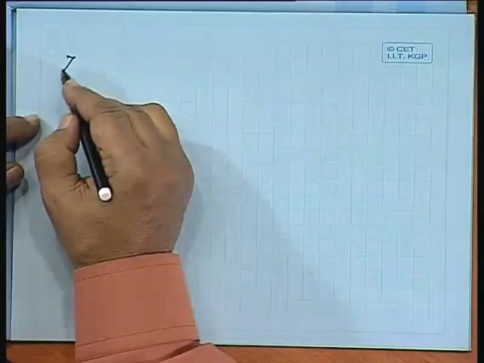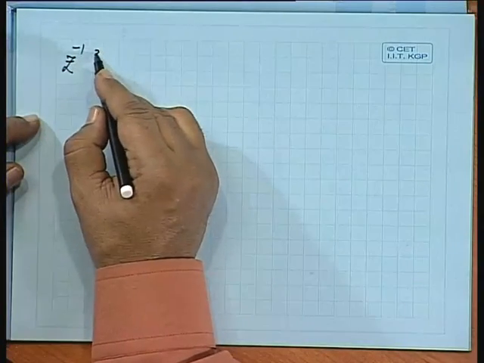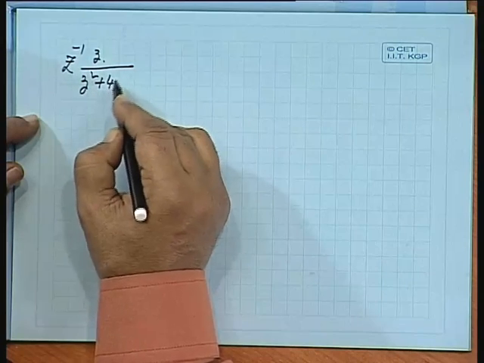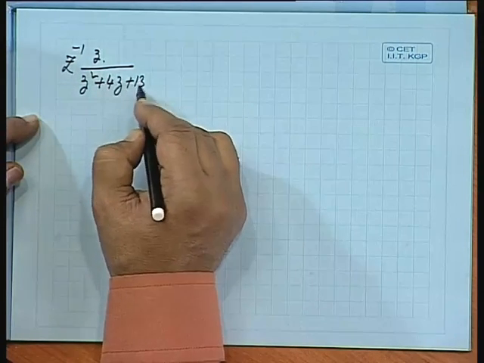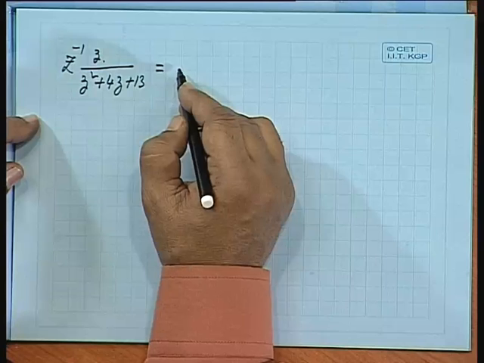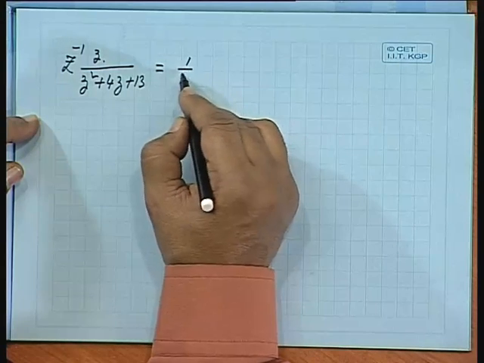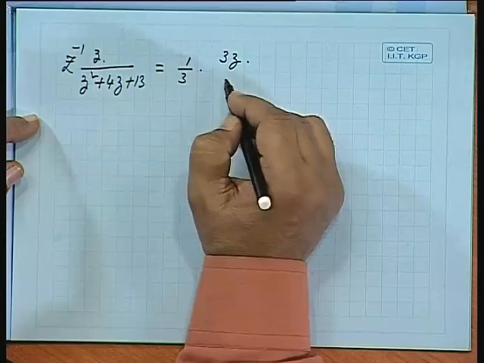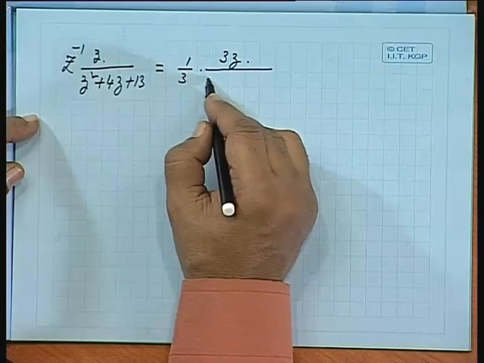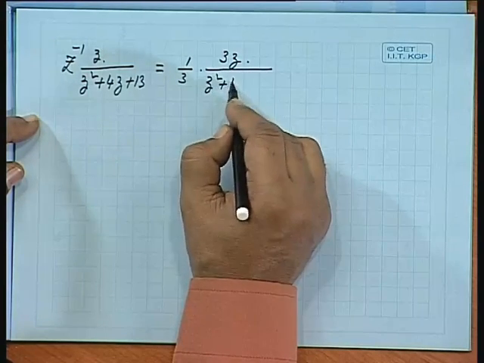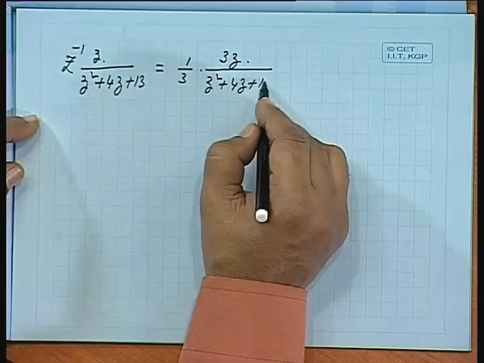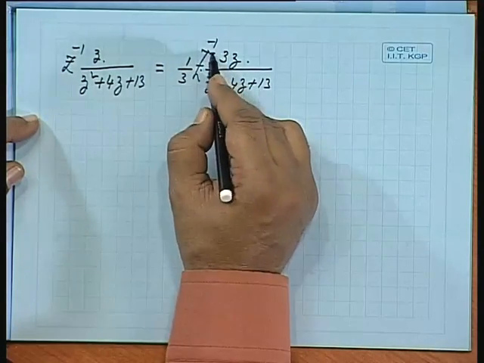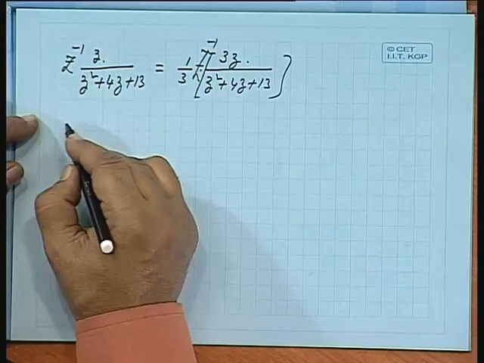Therefore, Z inverse of z by z squared plus 4z plus 13 will be, I can put 1 by 3 here and 3 into z there, divided by z square plus 4z plus 13.